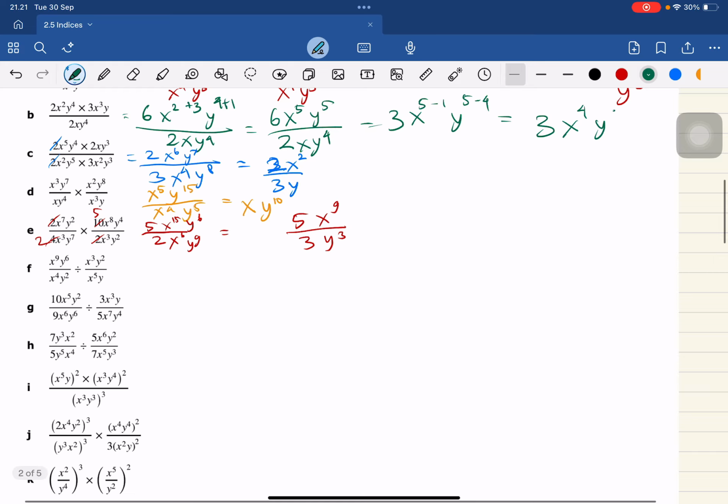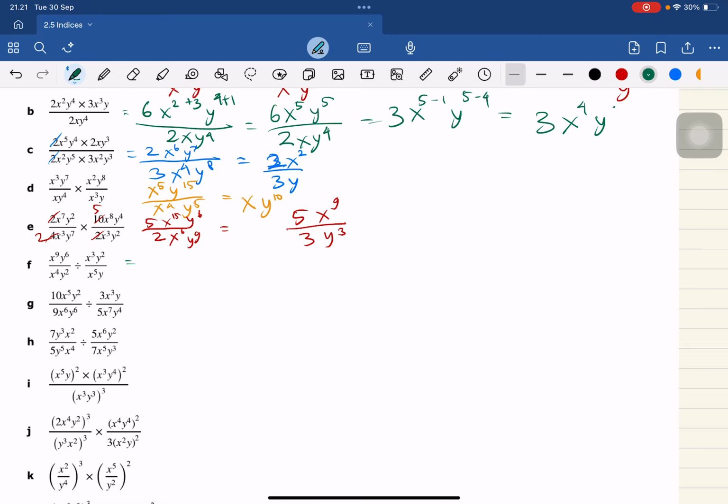Okay, next. Division. Remember, if it is division, we need to flip the fraction. So before we flip, we can simplify it for the left side. So this is going to be x power of 5 and then y power of 4 multiplied by x power of 5 y, divided by x power of 3 y squared.